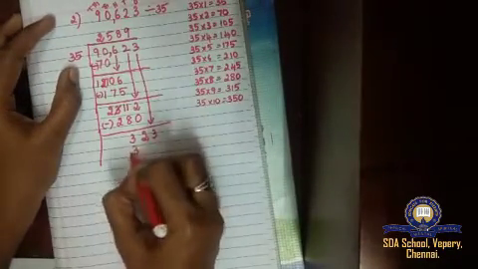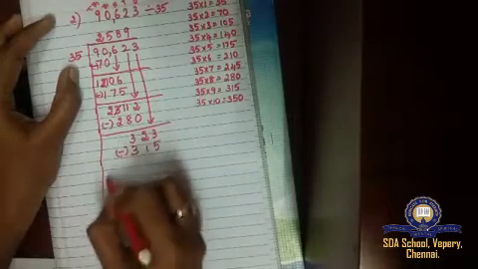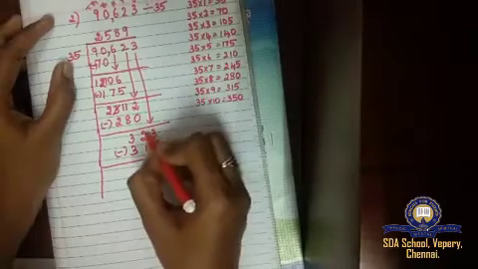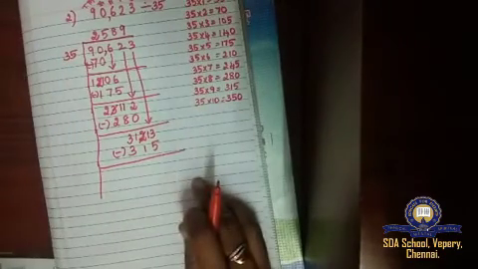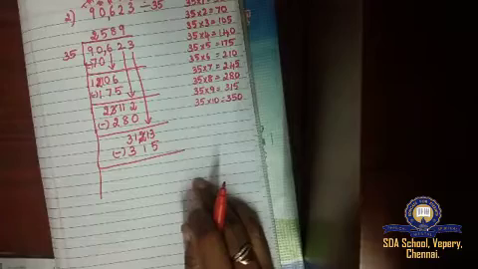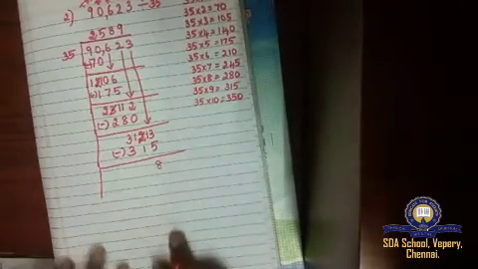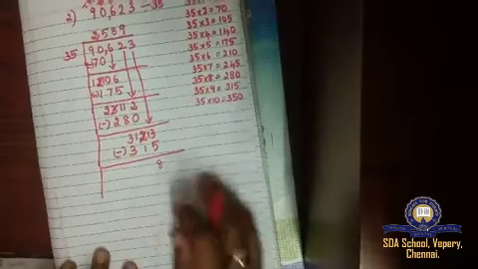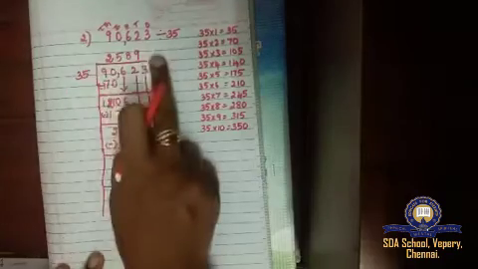Now compare again 32 and 35. 32 is a very small number, right? So again bring down this 3. Nearest to 323, the next number is 350, so nearest is 315. That is 35 nines are 315.